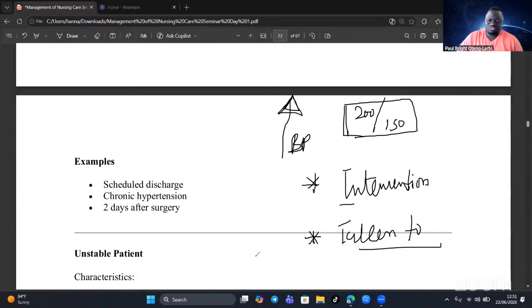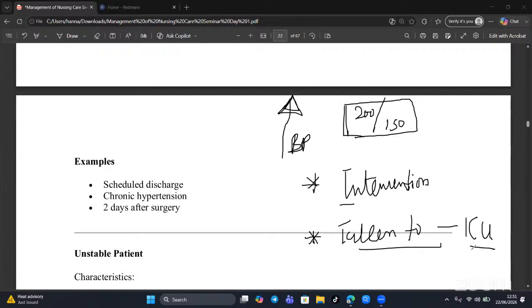You recognize cues, intervene. What type of intervention are we looking at? Blood pressure is not coming down. Yes, I see you. Place the patient on monitor, do ECG, and then do blood test, full blood test.